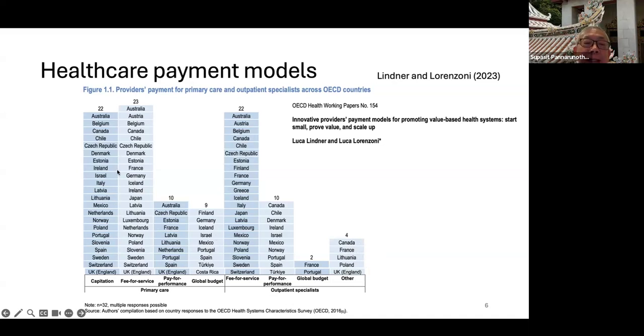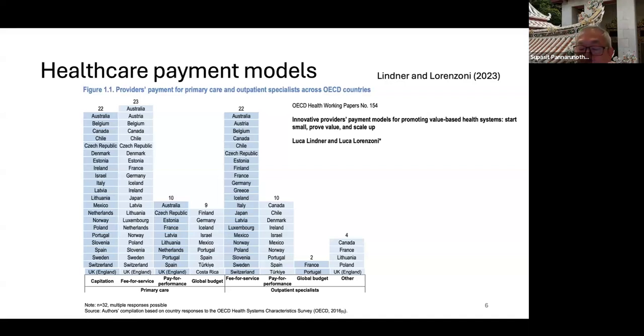The most popular is fee for service, because it has the connotation of increasing the service as the signal of this kind of payment. It's the most traditional. It increases utilization, but the drawback is it may increase expenditure that cannot be controlled.